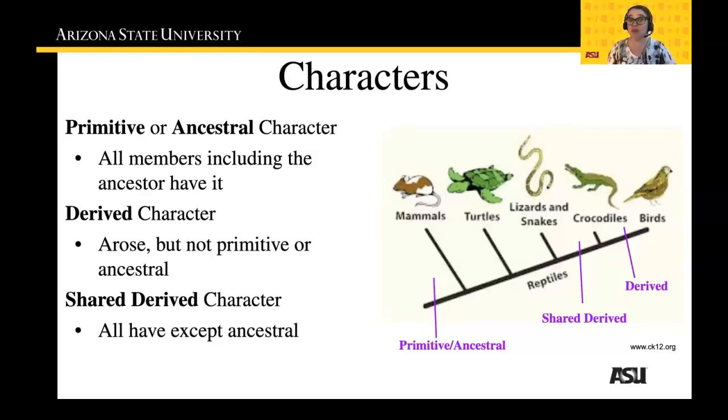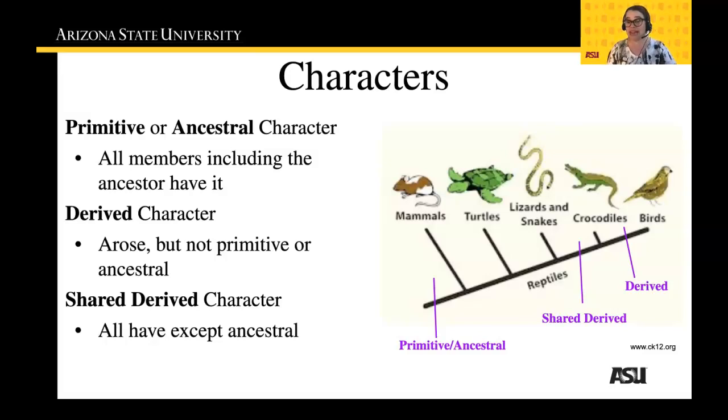So then we have derived characters, and those arise, they're not first, but they come in novel or new ways. And then there are shared derived characters, and those are shared between organisms or taxa, but do not include all taxa or all organisms because they do not have the ancestral organisms in there as well.